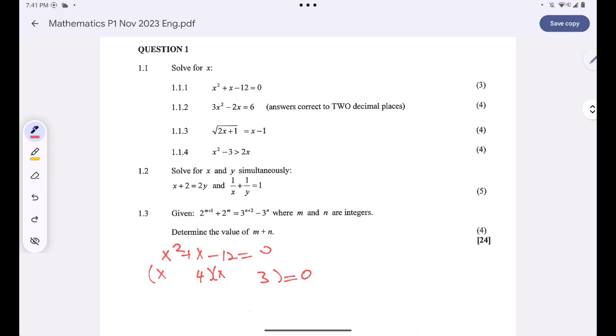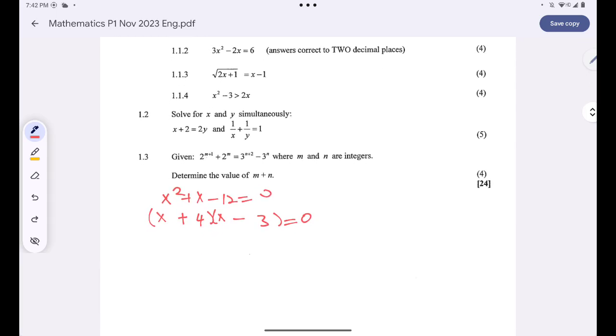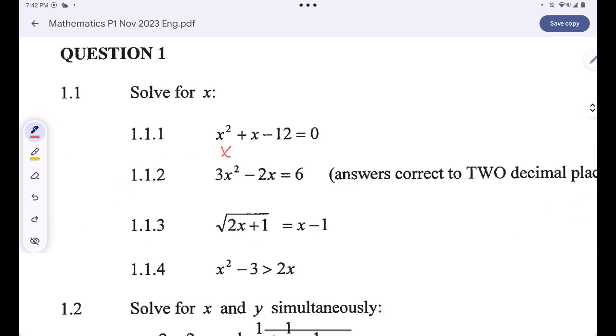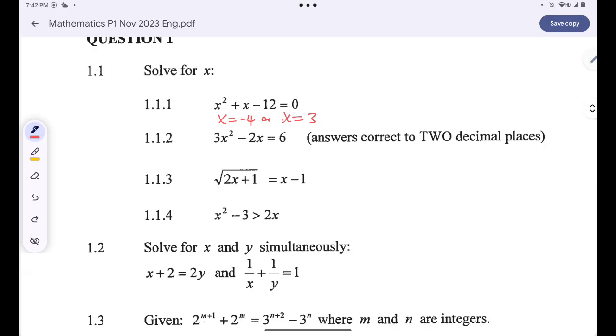And the bigger factor will always take the sign of the middle term. So 4 is greater than 3, so 4 will take the sign of the middle term, and then 3 will take the opposite sign. So therefore x is equal to negative 4, or x is equal to positive 3. So whenever I solve x here, I'll find that x is equal to negative 4, or x is equal to 3.